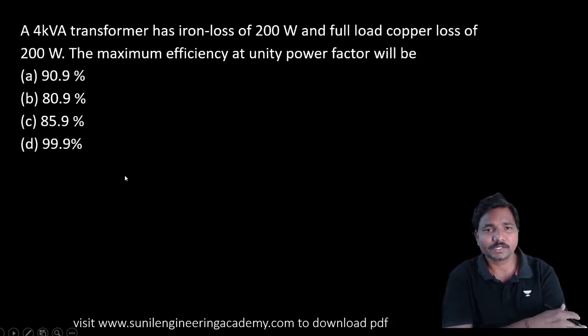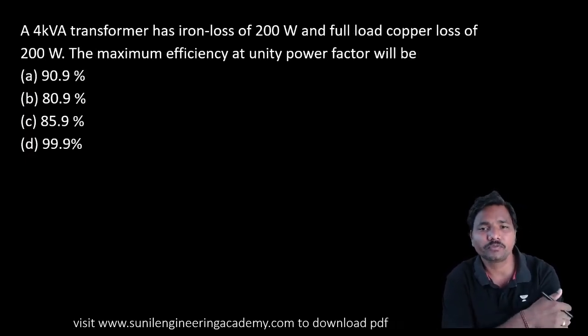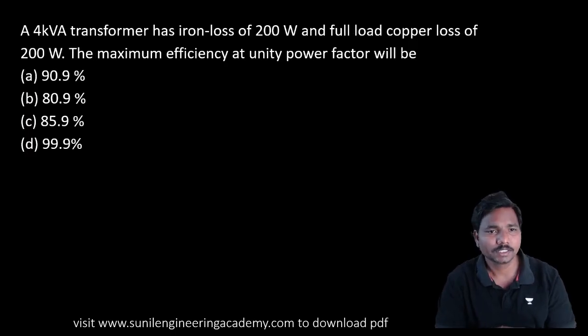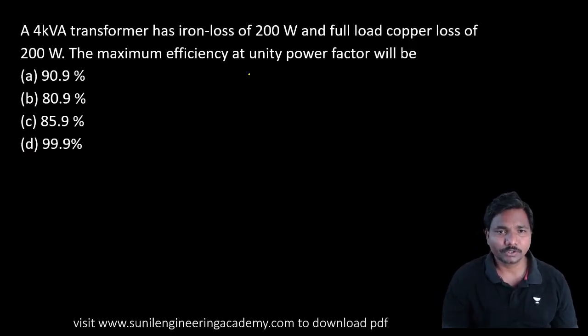A 4 kVA transformer has iron losses of 200 watt and full load copper losses of 200 watt. Find the maximum efficiency at unity power factor. So x into kVA. x they have not given, so 1.